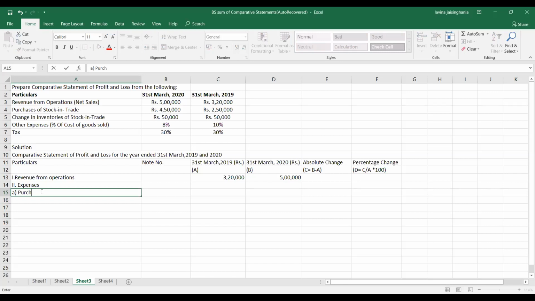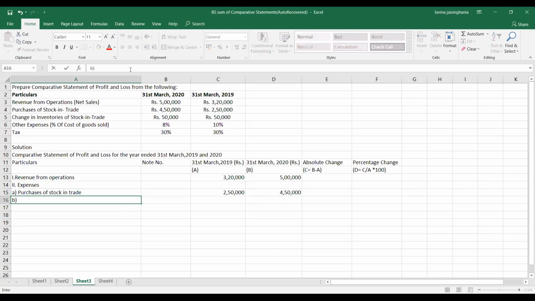So write down purchases of stock in trade. Now for 2019 it is 2,50,000. So write down 2,50,000, and for 2020 it is 4,50,000. So write down 4,50,000.